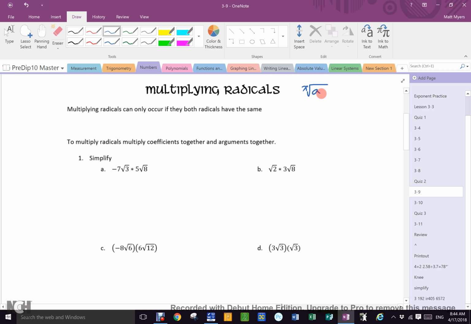Just the same index. Because, of course, you all remember from your exponents practice. No, you don't remember that yet. You know that the exponent is related to radicals, yes? So, if we're going to multiply, they have to have the same index. Because the cube root of x is different than the square root of x.